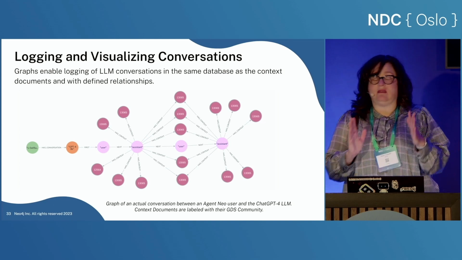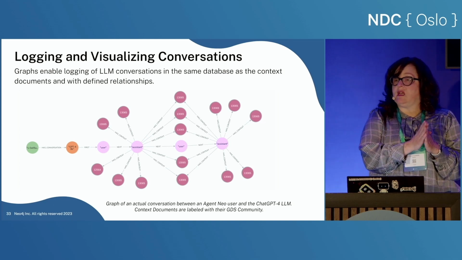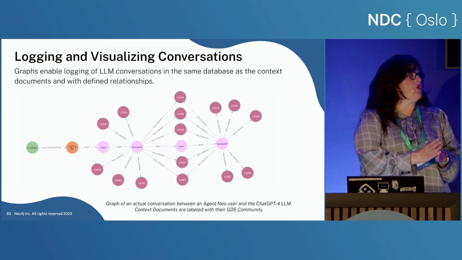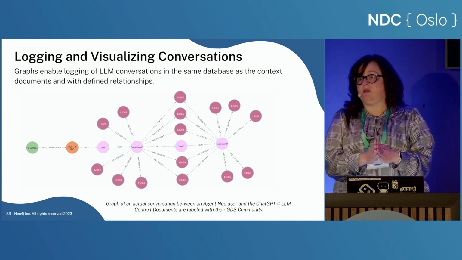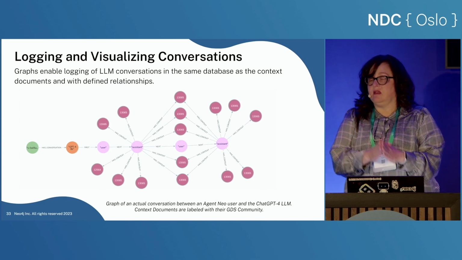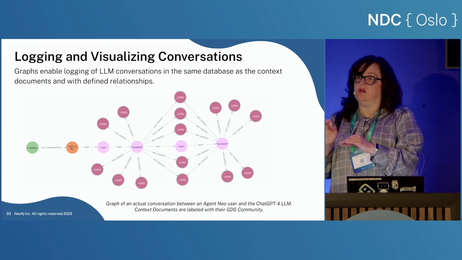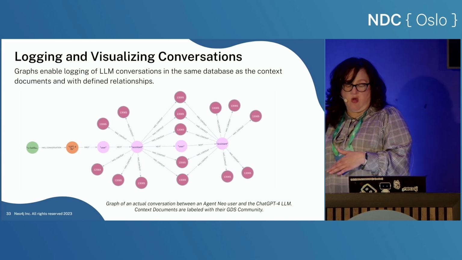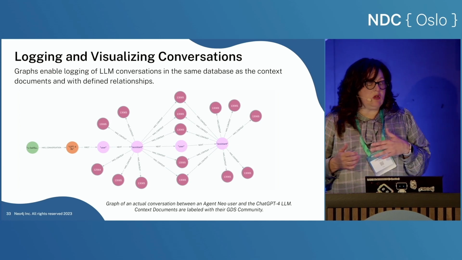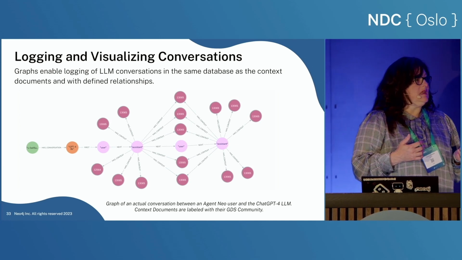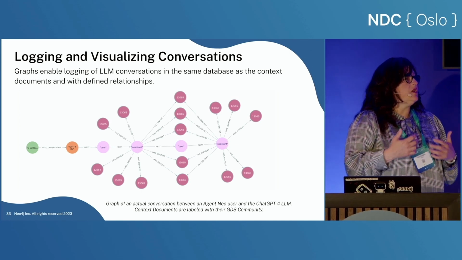But the ones that are only tied to the first one are no longer relevant to that subsequent comment. And the new ones on the right that are only connected to that last pink node is where the conversation is going.